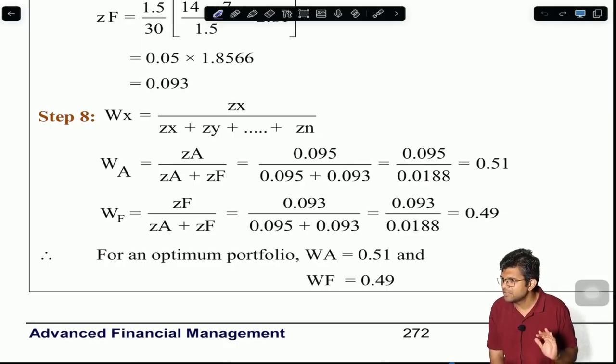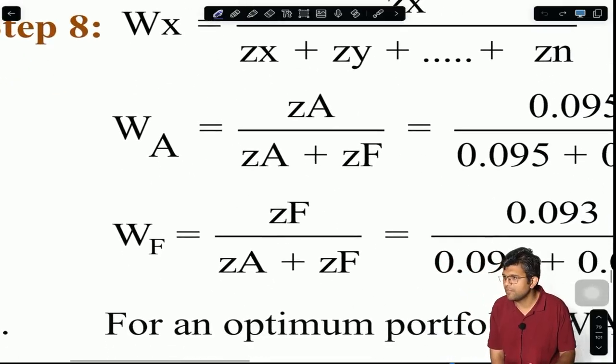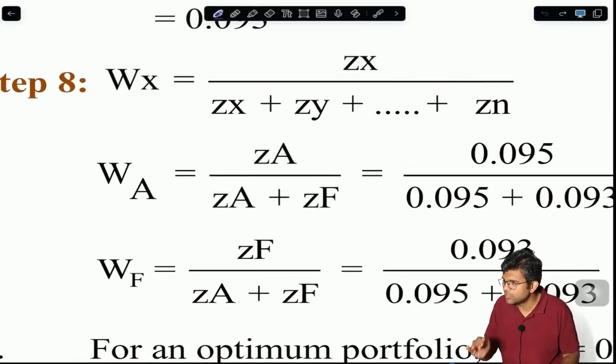Everybody clear? Za upon Za plus Zf. And weight of F will be Zf upon Za plus Zf. Students, whatever weight you are wanting, that security's Z should be in the numerator. And the combined Z should be in the denominator. All following now?